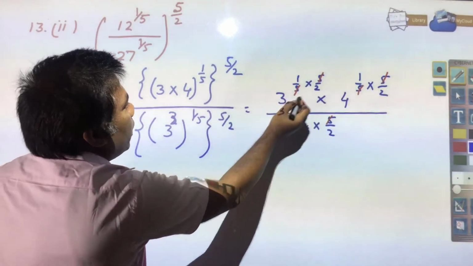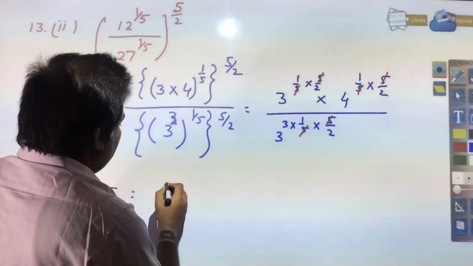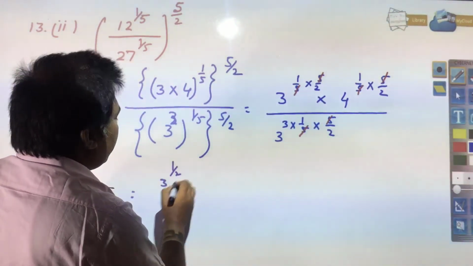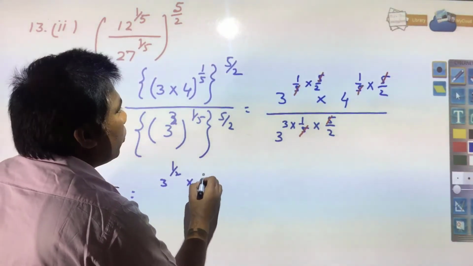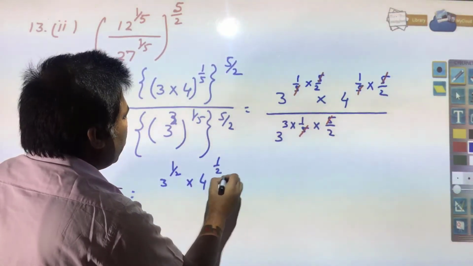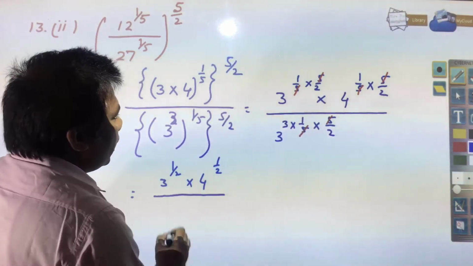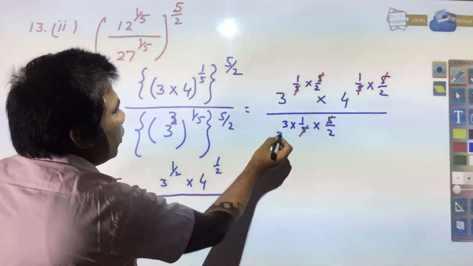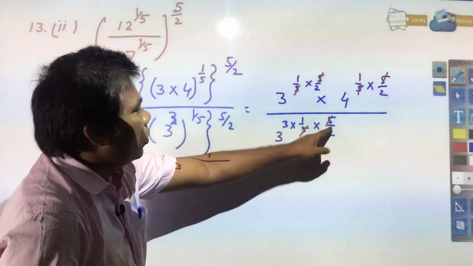3 to the power 1 by 2 into 4 to the power 1 by 2 and divided by 3 to the power 3 by 2.